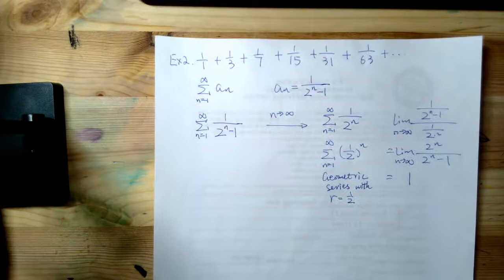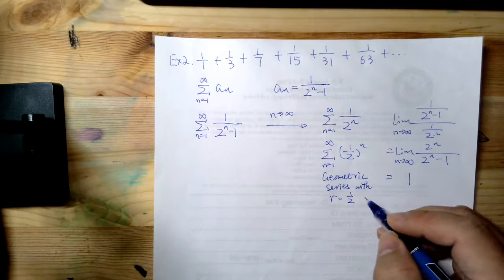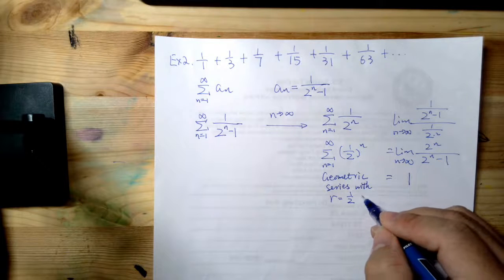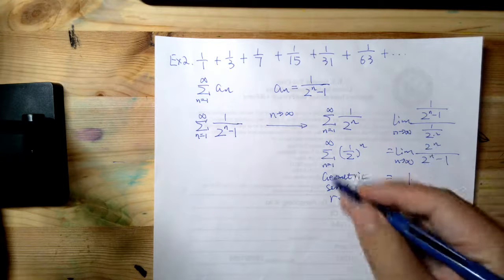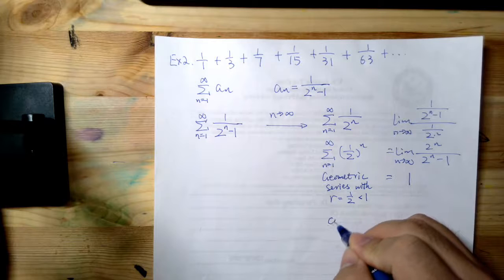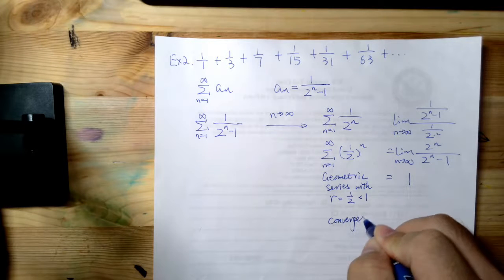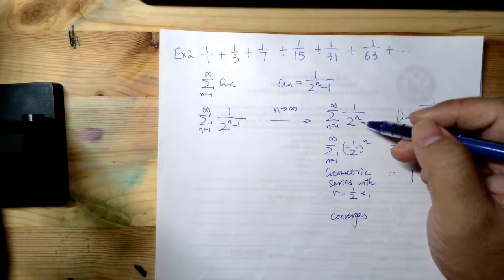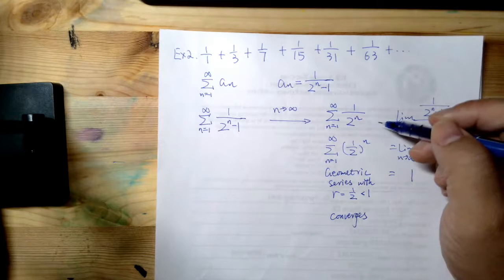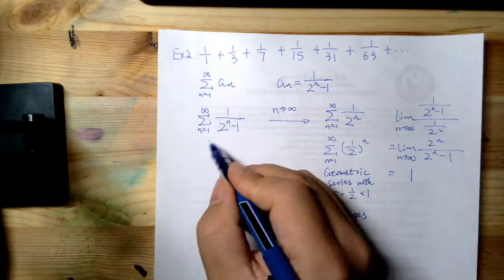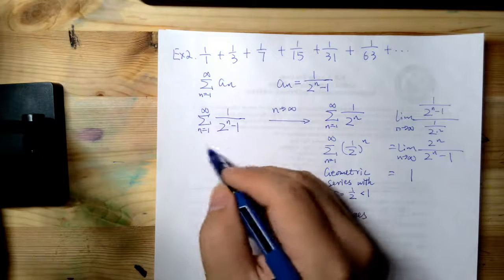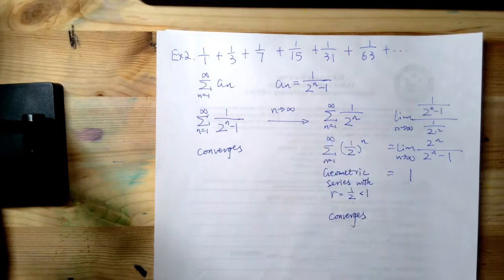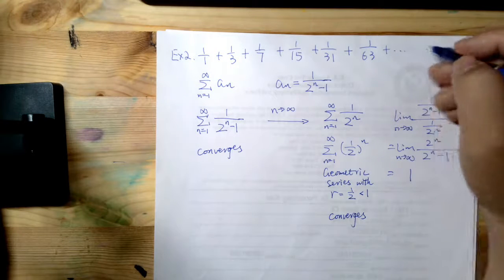For the geometric series, as long as the absolute value of the common ratio is less than 1, which it is, the geometric series converges. So since this series converges, based on the limit comparison test, we get the conclusion that our series here also converges.